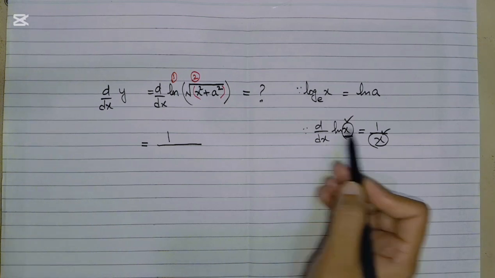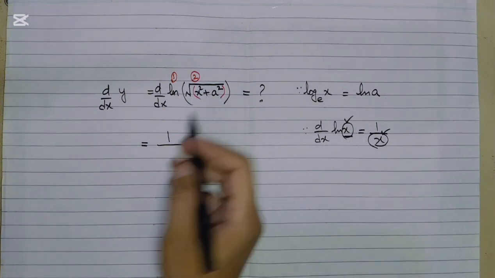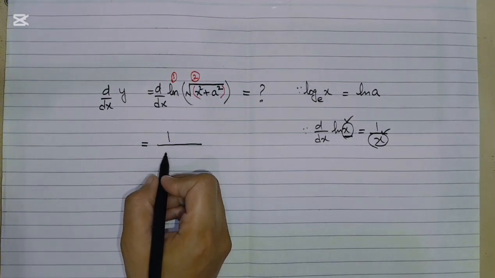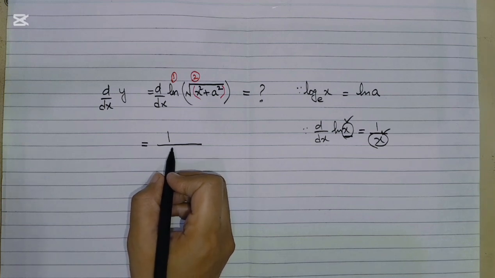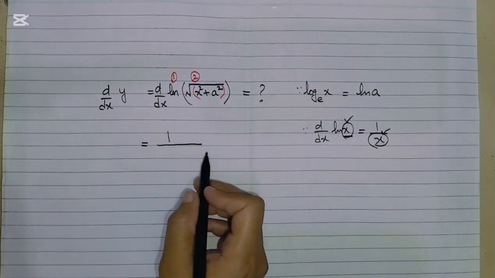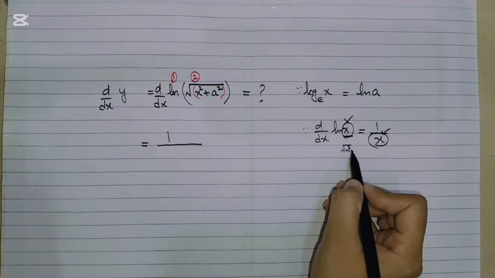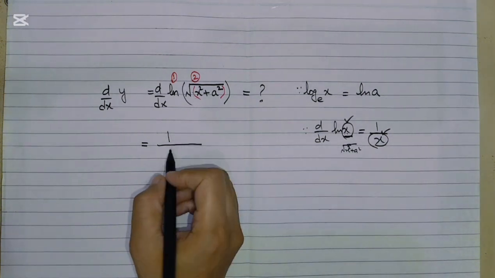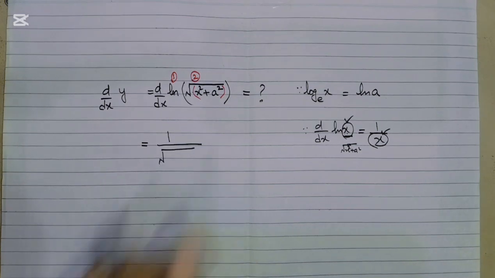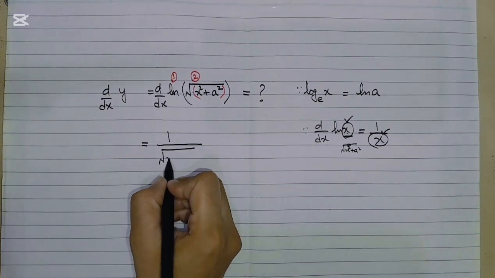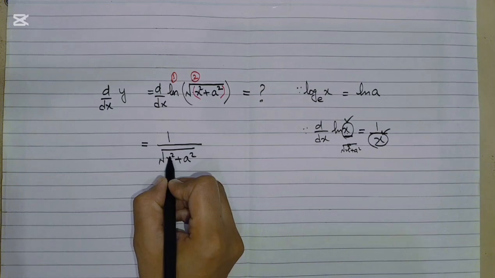Here is the angle x, here is the x square plus a square whole square. So what do we write here? The most common mistake: students write 1 over x here, which is totally wrong. Here x is replaced with x square plus a square, so write here 1 over x square plus a square.